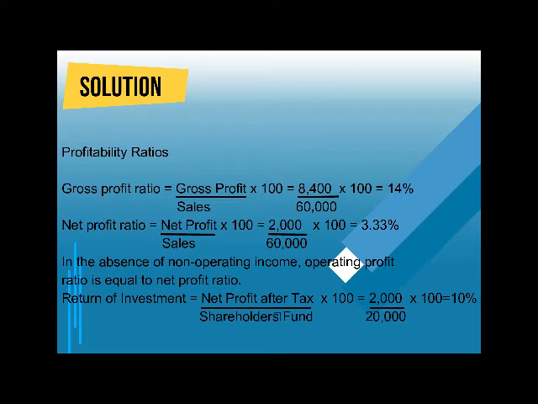In the absence of non-operating income, operating profit ratio equals net profit ratio. Return on investment equals net profit after tax divided by shareholders' fund times 100, equals 2,000 divided by 20,000 times 100, equals 10%.